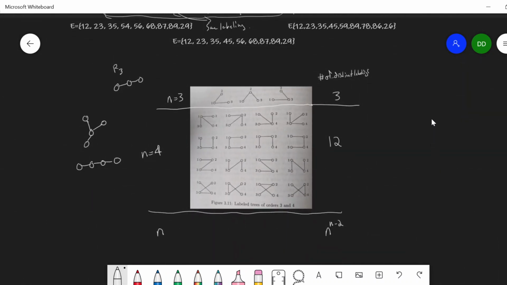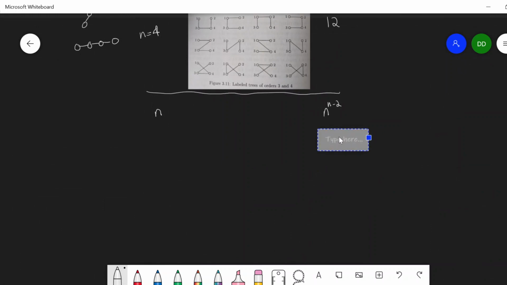So the proof is going to involve 2 algorithms. One for taking a labeled tree and producing a list of n minus 2 of its labels. And then the other algorithm is going to be taking a list of n minus 2 labels and producing a labeled tree from this. And so the idea is those 2 algorithms are going to establish a one-to-one correspondence. So how are we going to prove this?